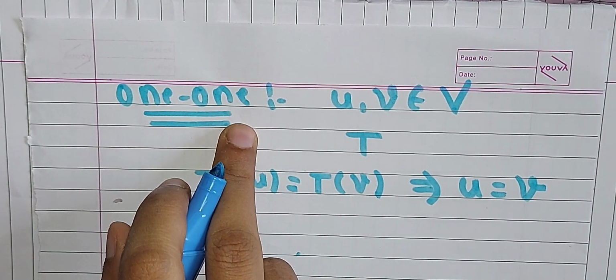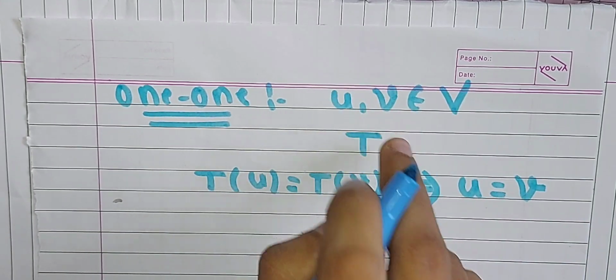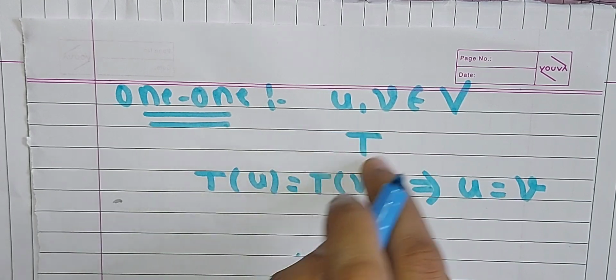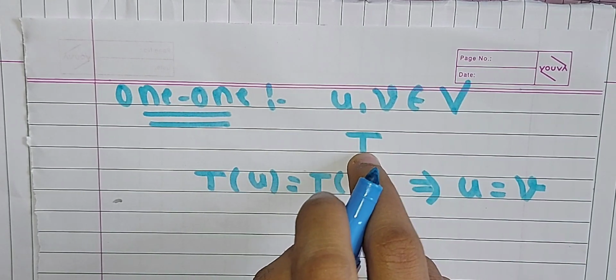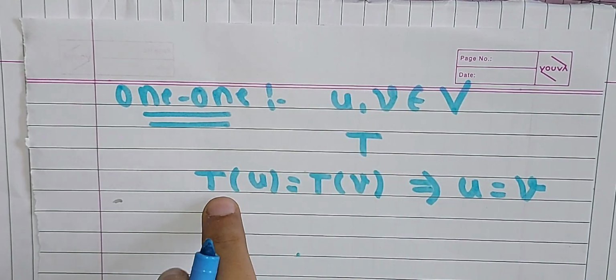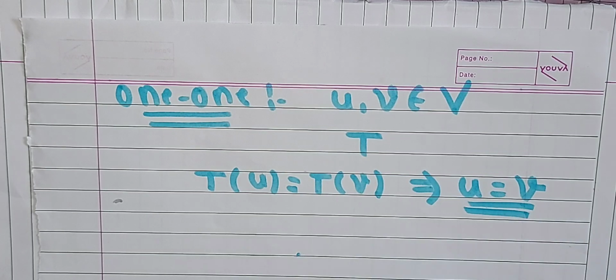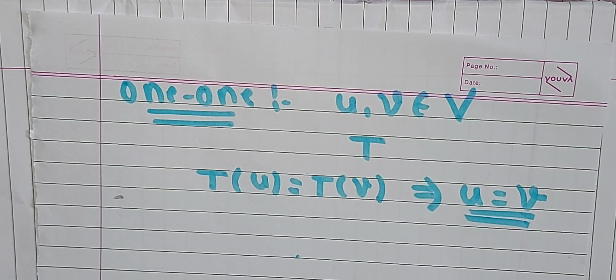So what is the 1 to 1 case? In that case, consider two elements from the domain, that is u and v belong to the domain, and if T is applied on these two elements, T of u equal to T of v, then we should get u equal to v. Now with the help of this condition we will solve this question.